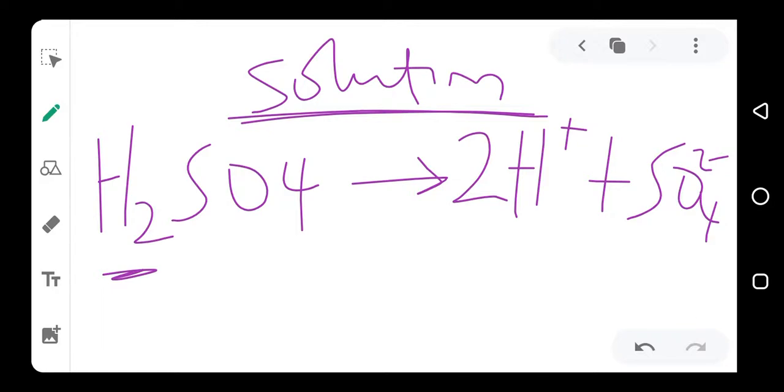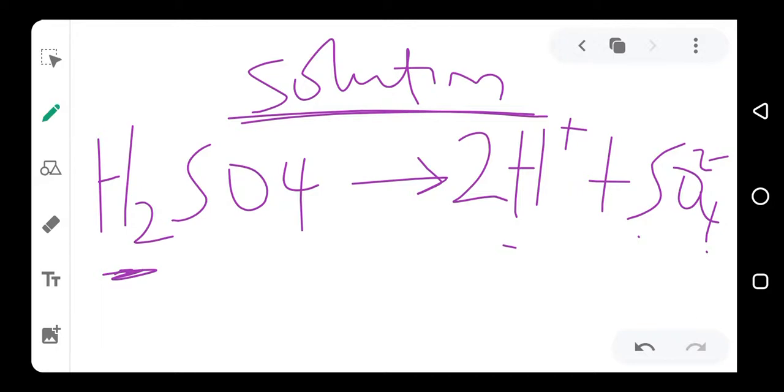So this is the equation for the ionization of this acid. We check to see if the atoms are balanced on the left hand side and right hand side. We have two hydrogen here, we have two hydrogen here, we have one sulfur here, we have one sulfur here, we have 4 oxygen and we have 4 oxygen, so it is balanced.